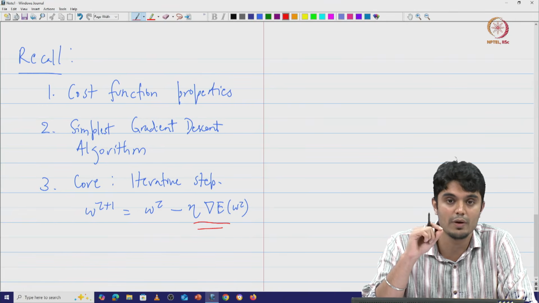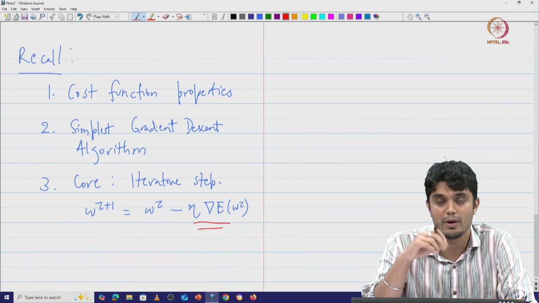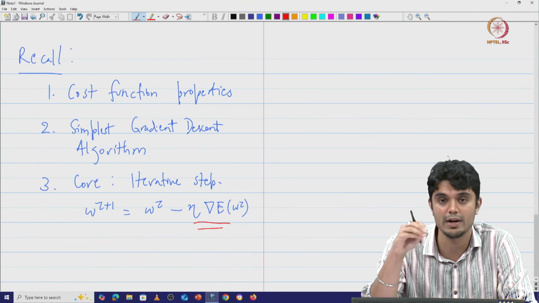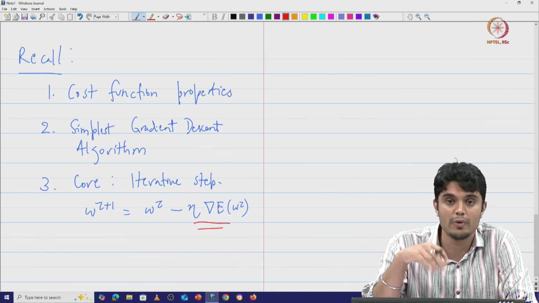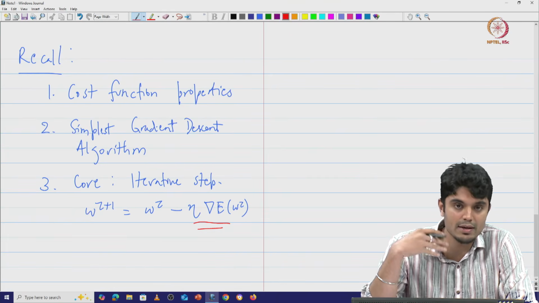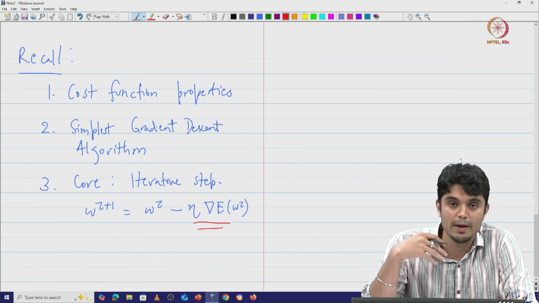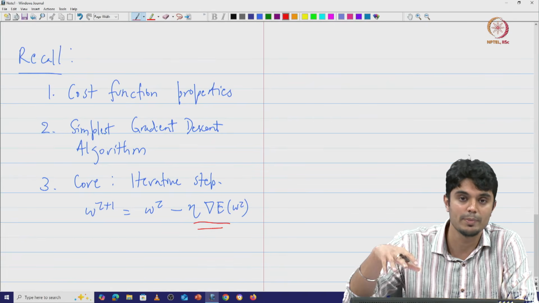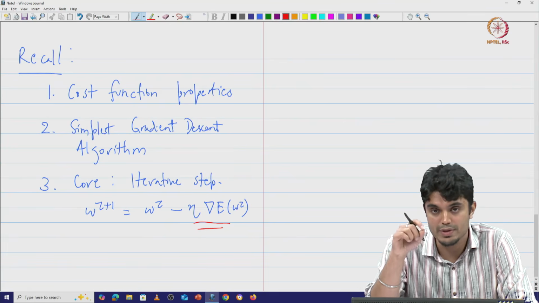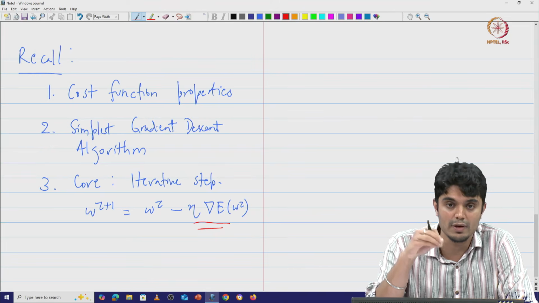So, what is one way of looking at this differently, or what is one way of avoiding this kind of getting stuck at local minima? What is done in practice generally is that you do this entire simple gradient descent algorithm by starting at multiple random points which are spread across the parametric space. You start at multiple points and then continue with this procedure and wait for the convergence of this procedure.